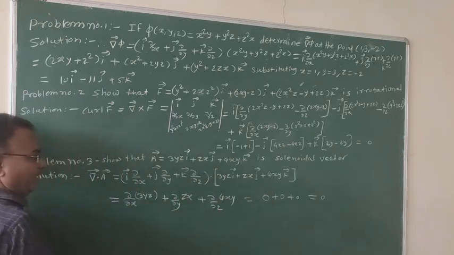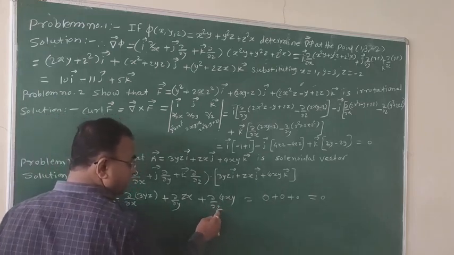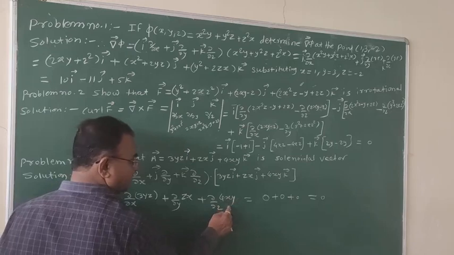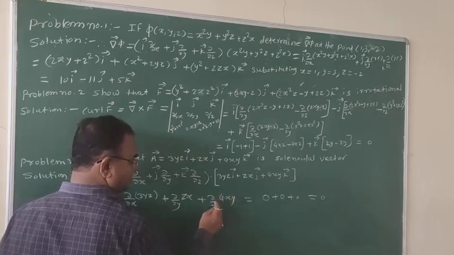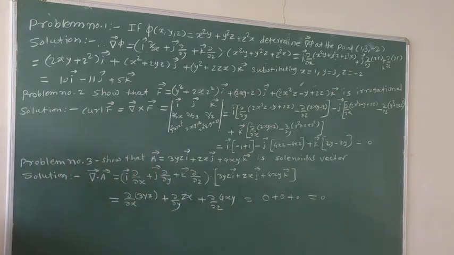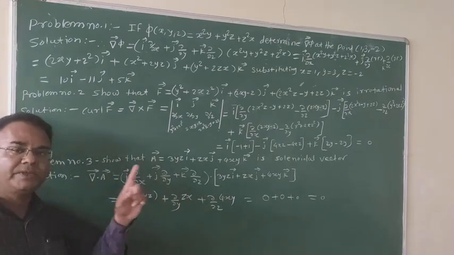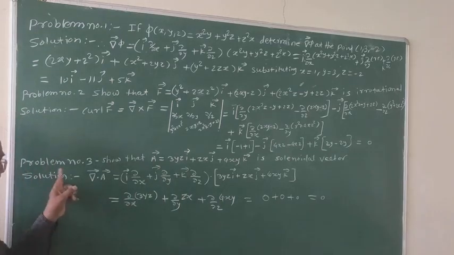In the same way, in the last term also, with respect to z, z is variable, x and y are constant, therefore the differentiation is 0. 0 plus 0 plus 0 equals 0. That means the divergence of the given vector A is 0. Therefore, we can conclude, or we can show, that the given vector A is a solenoidal vector. Thank you.